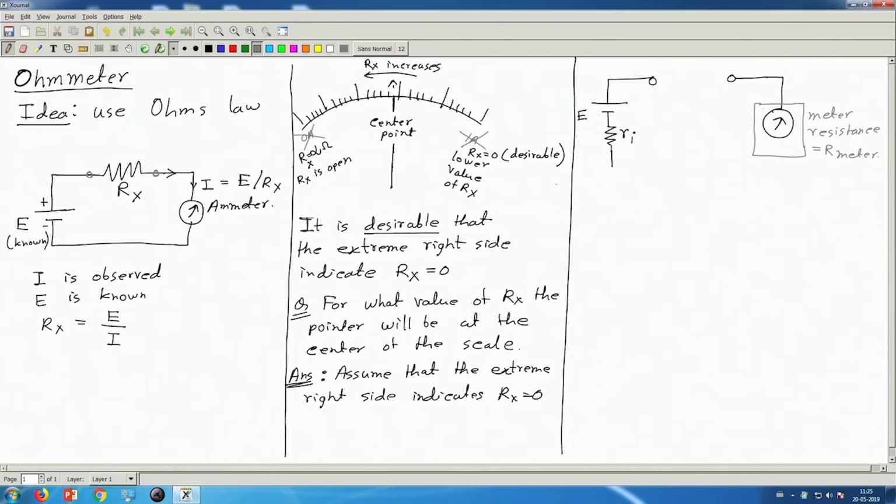The total combination of all the resistances between these 2 points is R meter.